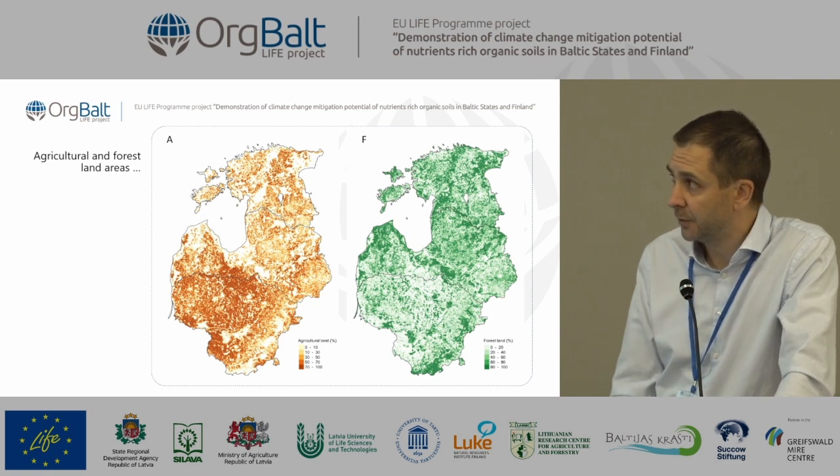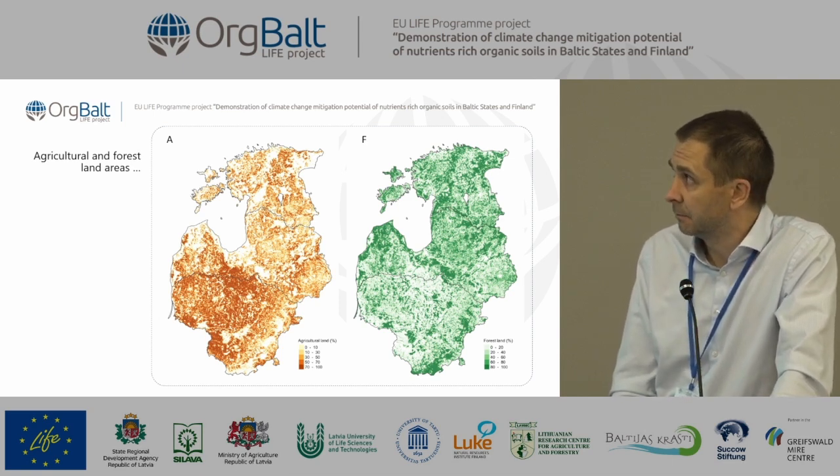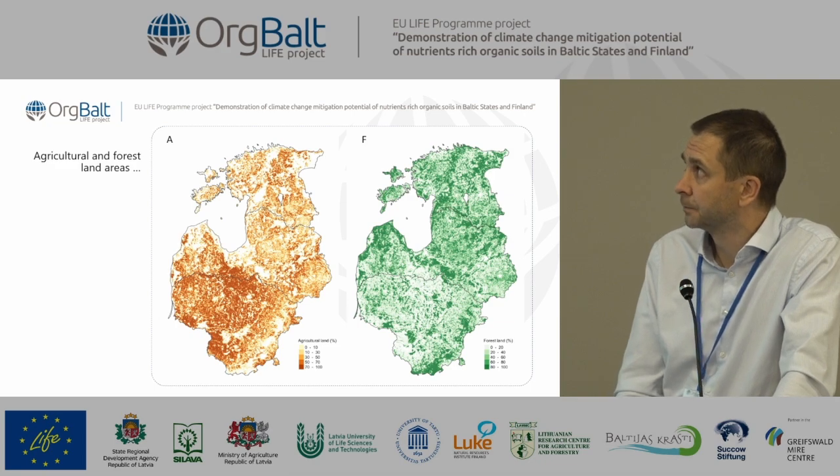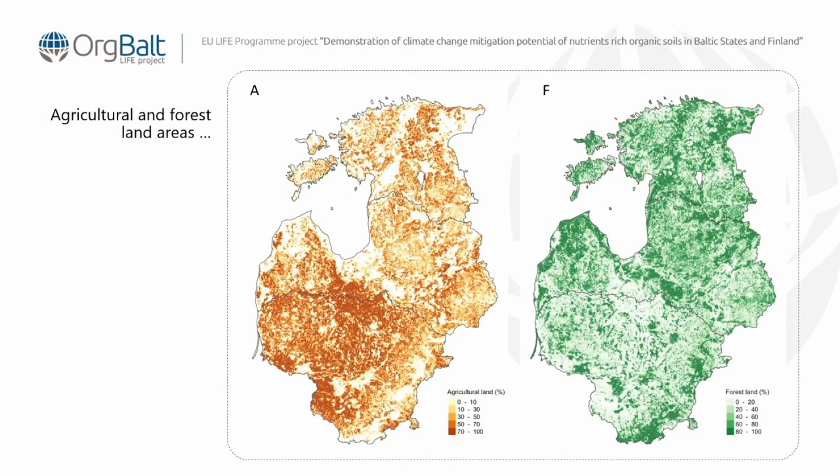To visualize what we have done, here we mapped everything for the three Baltic countries: where agricultural land is located, very specifically, parcel by parcel. We mapped where forest land is located, so we have information about productive land use.